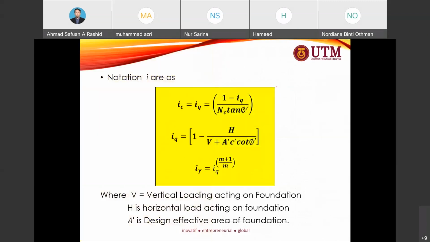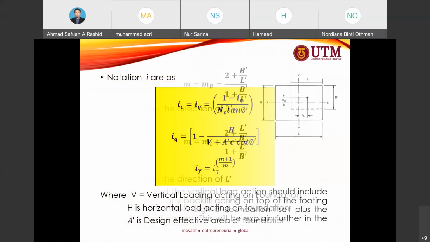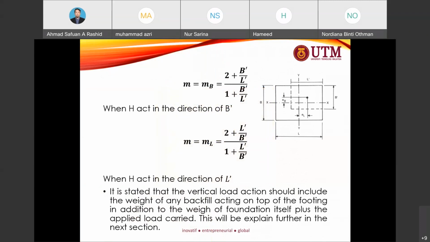This is the inclination factor. They include IC and IQ, and they also have the eccentricity as well, which we call M. This is how they define the M, based on the L and B.